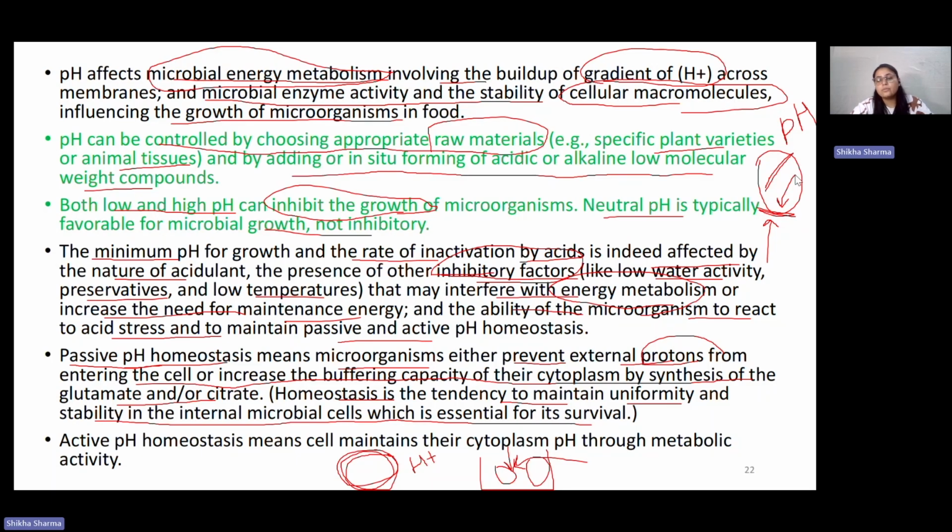If it is producing buffering agents, the energy of the microbial cell will get exhausted. And the active pH homeostasis is basically that the cell maintains its cytoplasm pH through metabolic activity. So if the cytoplasm of the cell is maintained or changed based on the outside environment, that is the active pH homeostasis.